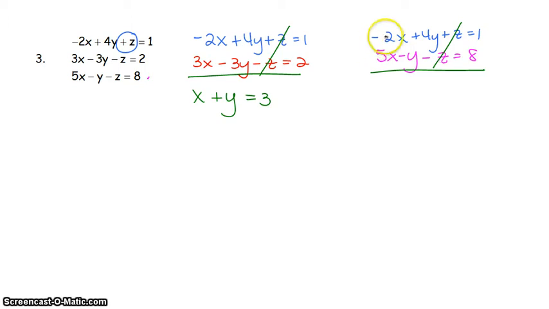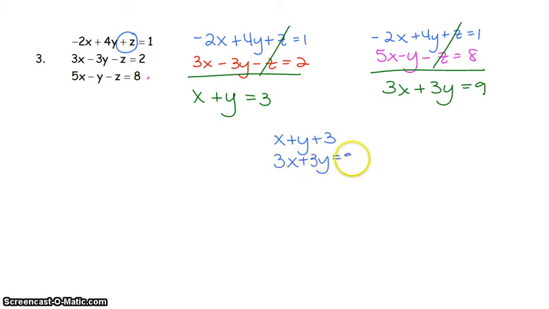They do already. That gives us a positive 3x, a positive 3y, and a positive 9. Now that I have my 2 equations, now with 2 variables instead of 3, I'm going to rewrite that system. I'm going to put those 2 equations together.